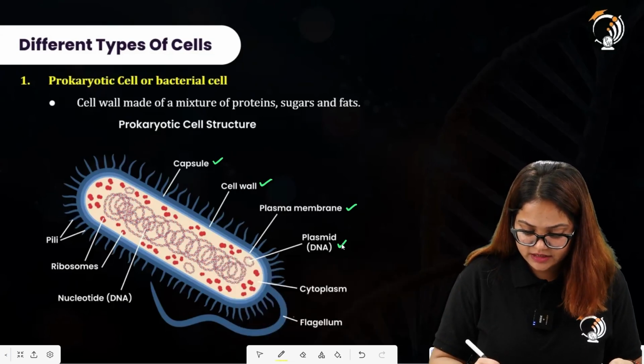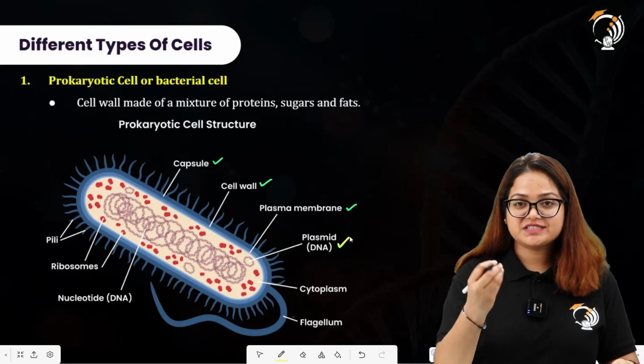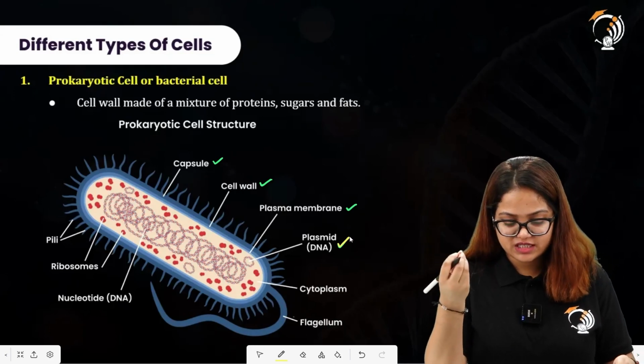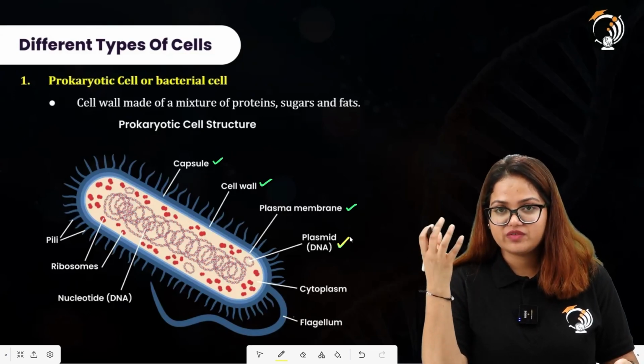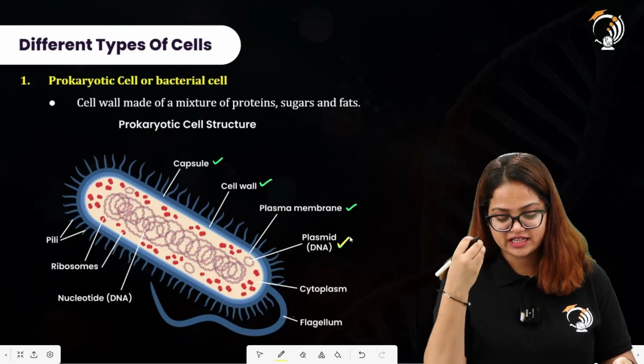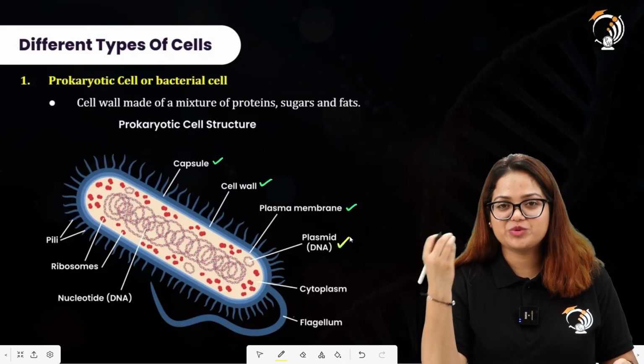Plasmid DNA enables bacteria to be used in the genetic modification process, since it is easy to ligate a foreign gene or a segment of DNA to this plasmid DNA, and it multiplies and gives us the required protein as the product.